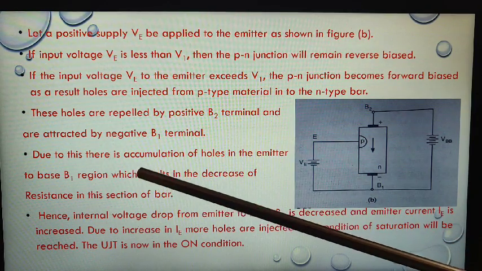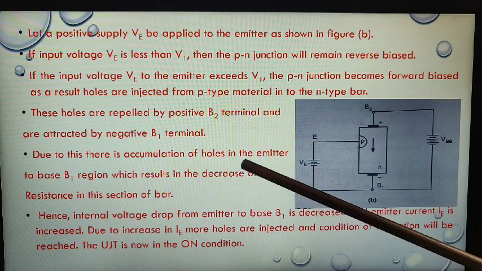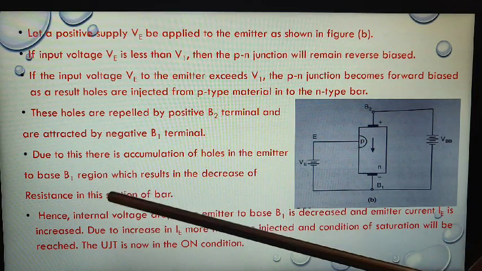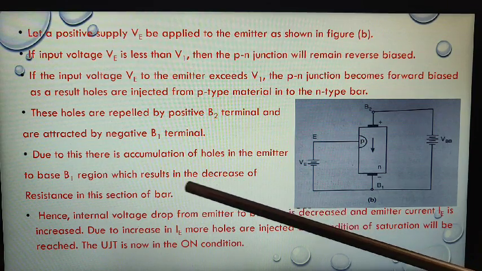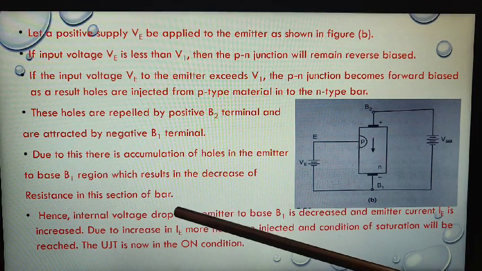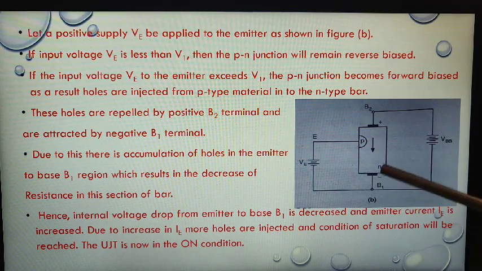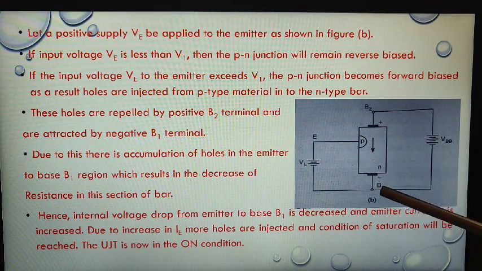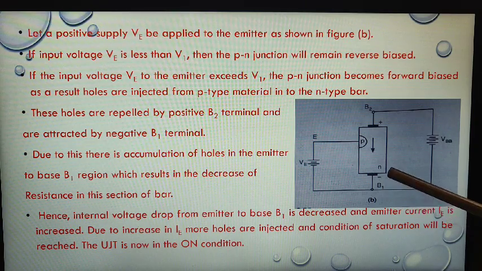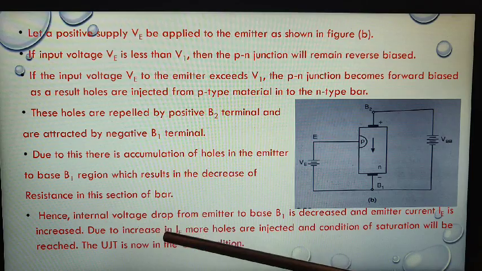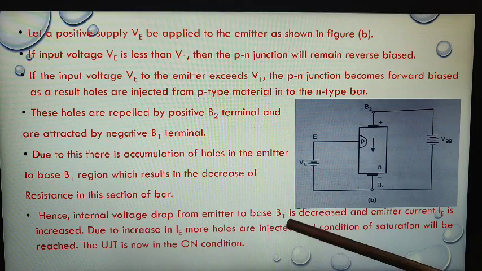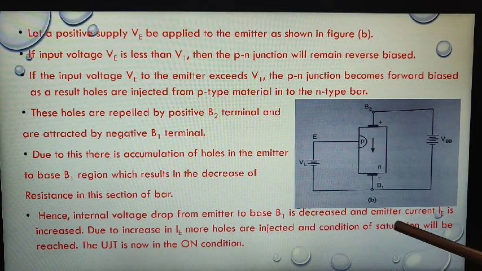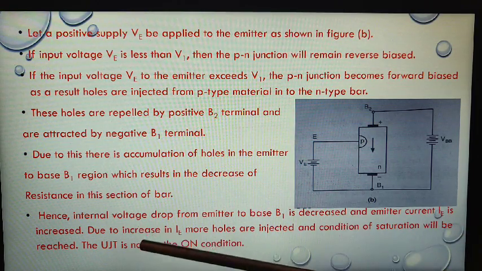Due to this, there is an accumulation of holes in the emitter to base B1 region, which results in a decrease of resistance in this section of the bar. Hence, the internal voltage drop from emitter to base B1 is decreased and emitter current IE is increased.